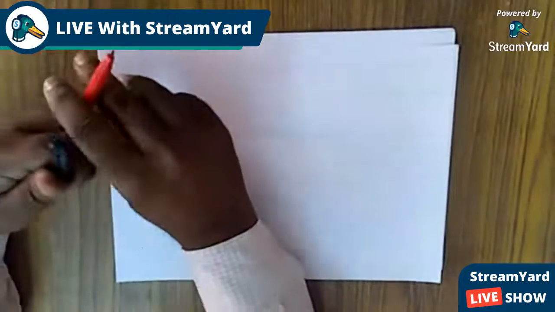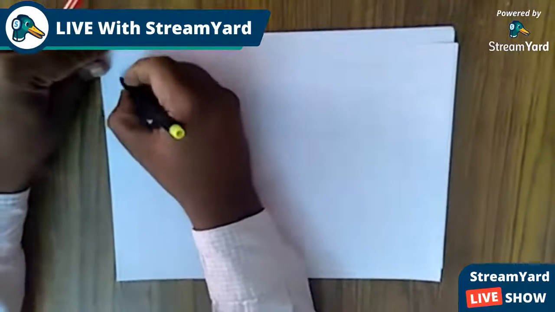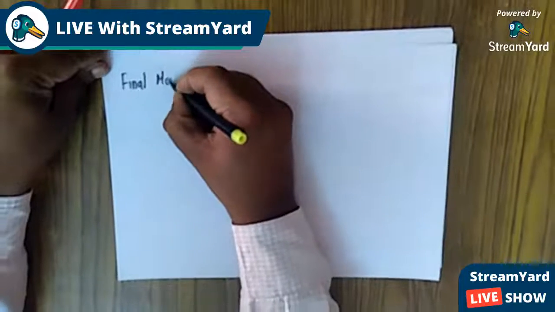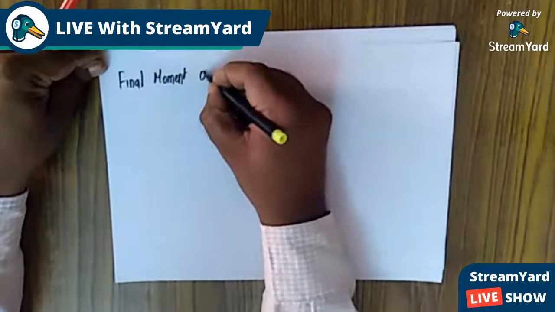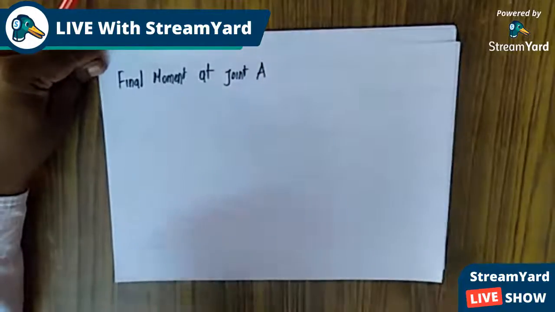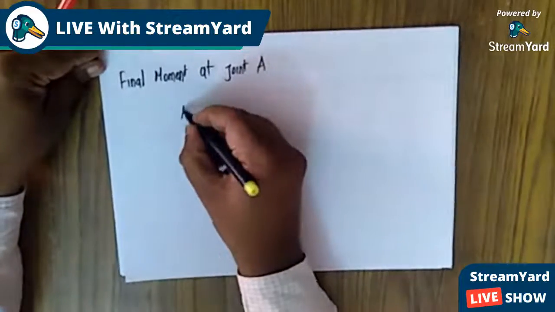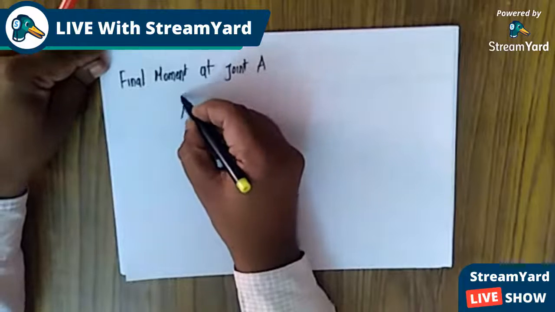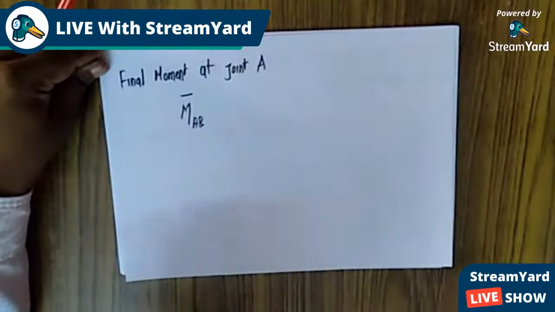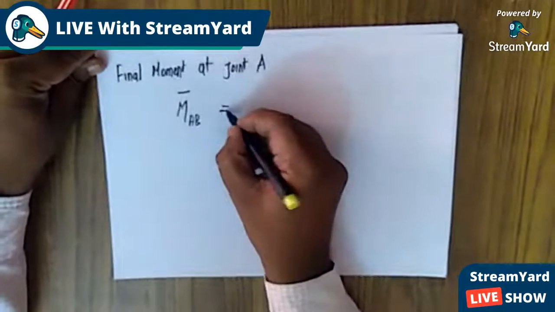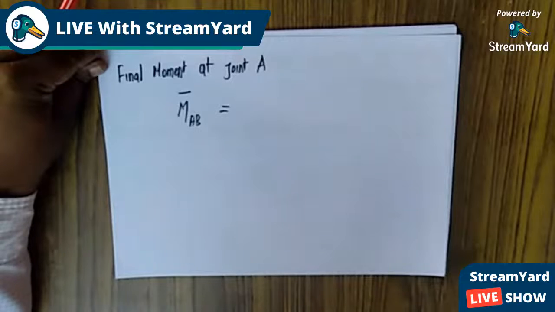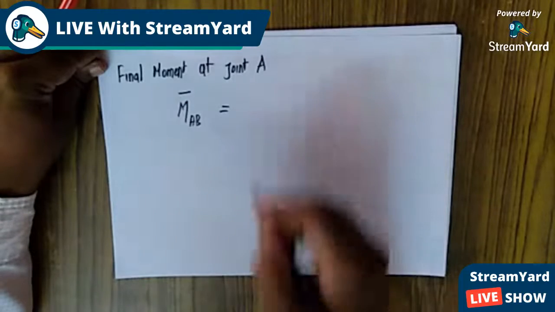So initially I will give the final moment at joint A. The notation I am using is M bar AB. This I will get as a summation of all the moments developed at joint A from the four steps.